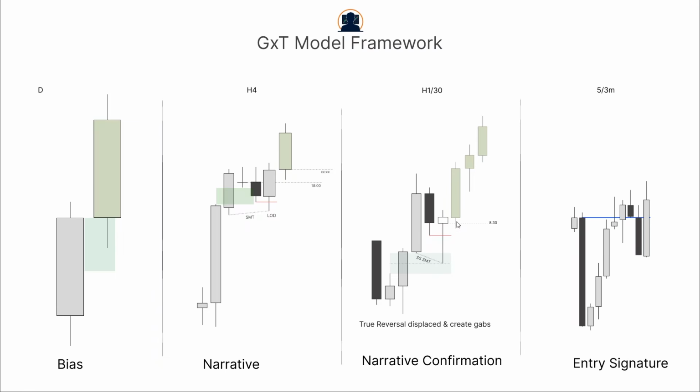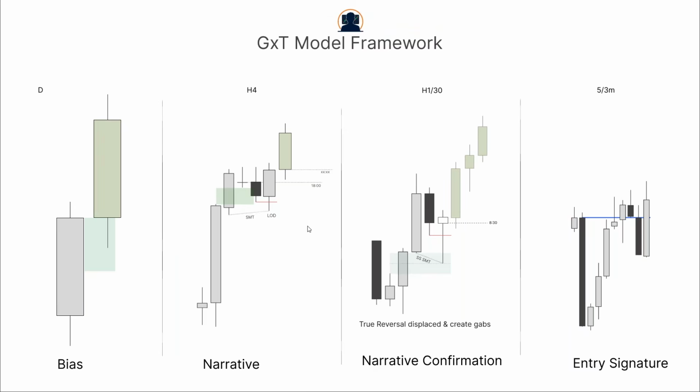Then you can anticipate the next series of candles to expand towards your draw on liquidity, and you're going to need a lower time frame reversal signature or an entry signature, which will be expansion met with expansion being confirmed by a CSD, right? So in general, this is the GxT model.